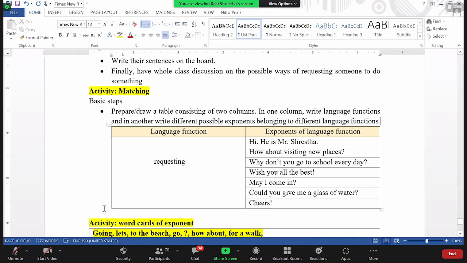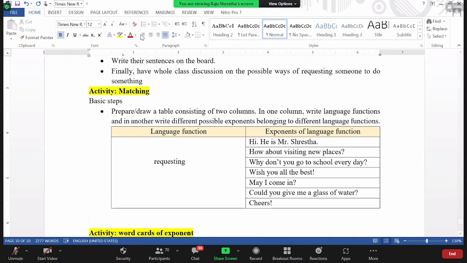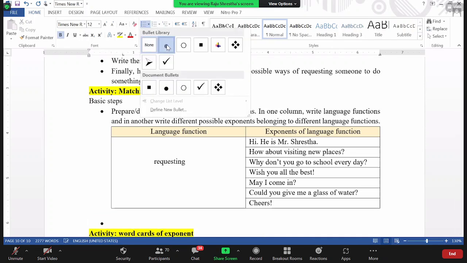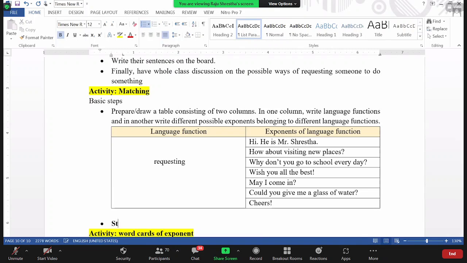In this way, what do they do? Students read the table and try to match the language function with appropriate or suitable exponents.